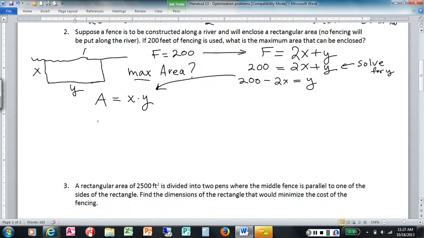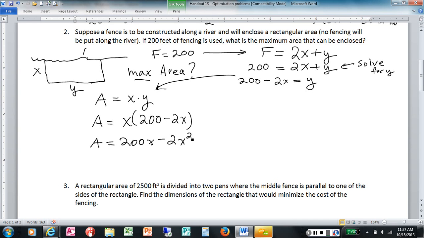Is that okay? So the area is x times 200 minus 2x, substituting the 200 minus 2x for y. Go ahead and multiply that out. So that's A equals 200x minus 2x squared. That's what I want to maximize in terms of one variable.